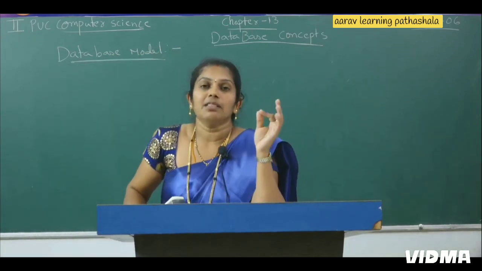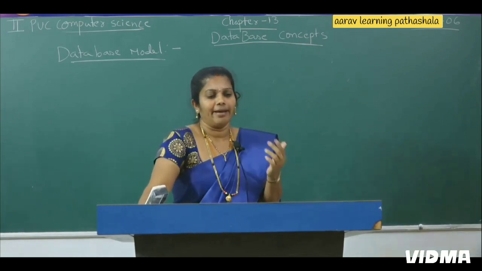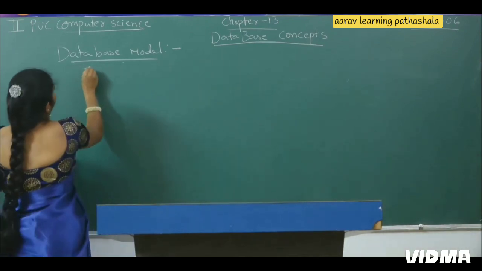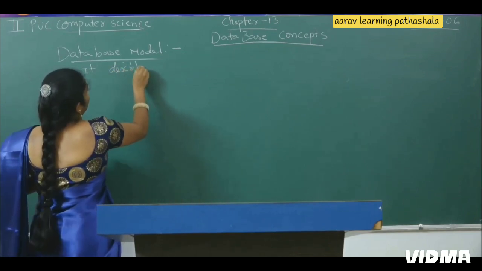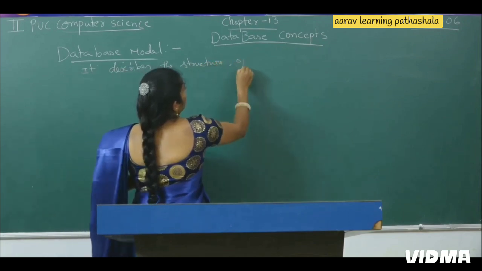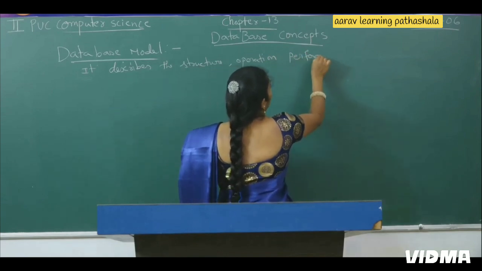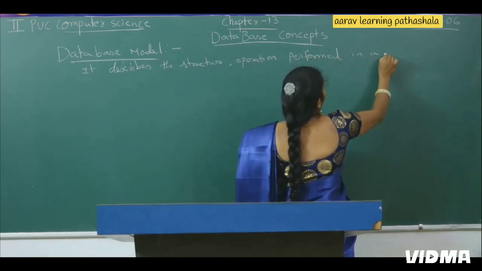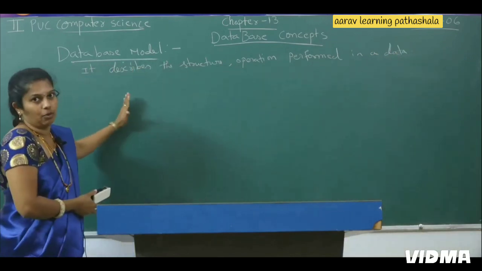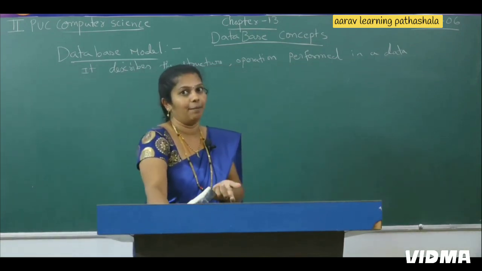It describes the general structure of the data in a database, or we can say that it describes the structures and the operations performed on the data. That regarding you will come to know in the database model. It mainly describes the general structure of the data in a database.